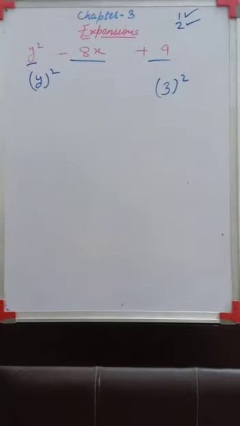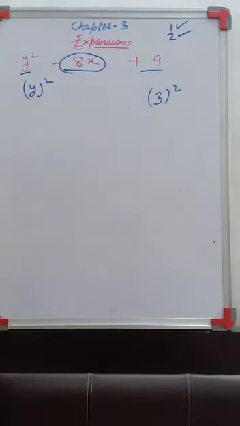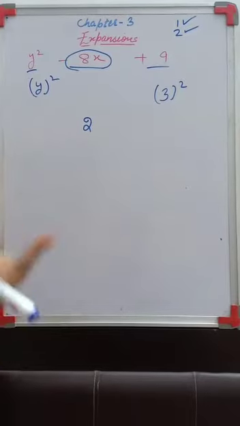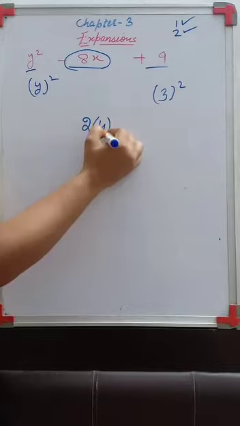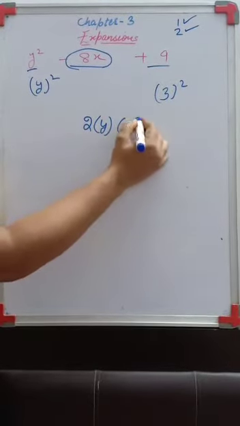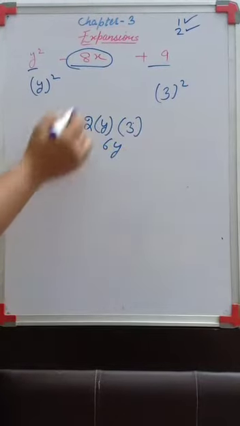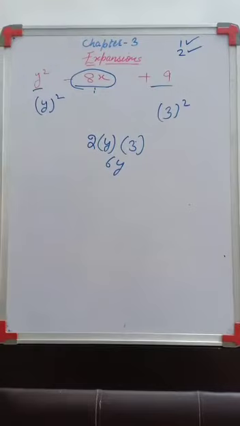My third condition was that the third term must be twice the product of the square roots of the other two terms. The square root of this is y. Put over here, and this one is 3. How much is it coming? 2 into 3, 6y. But what I am having over here is minus 8x.